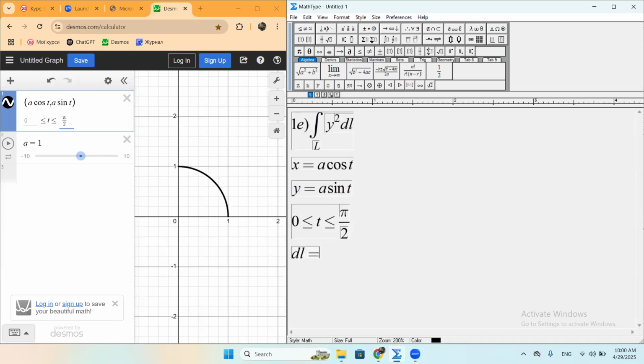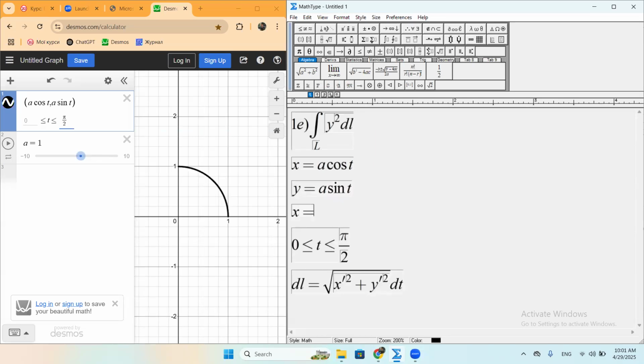As we remember from the integration of one function, if we calculate differential of curve length that is given parametrically, we have the following formula: square root of x prime square plus y prime square, and dt. So let's differentiate these functions.